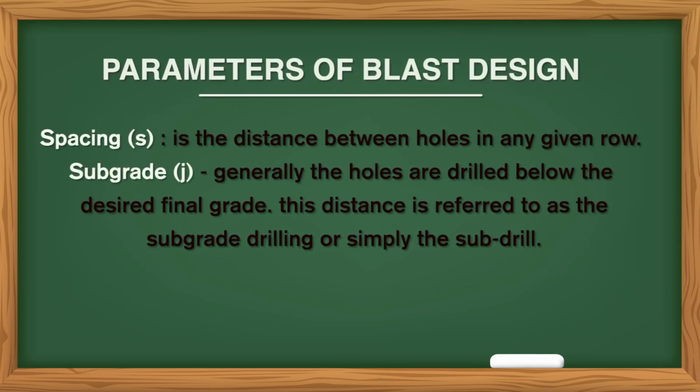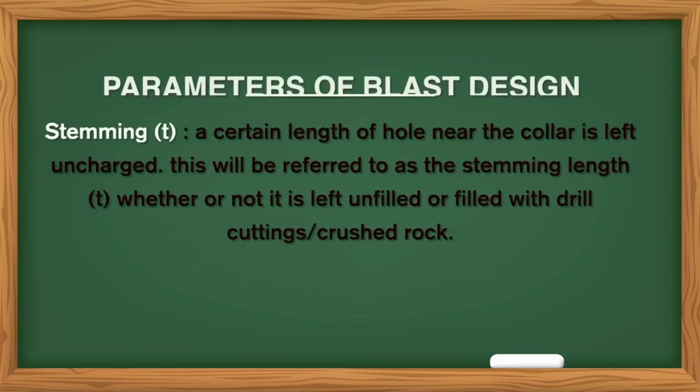Spacing is the distance between holes in any given row. Next, subgrade. Generally, the holes are drilled below the desired final grade. This extra depth is referred to as the subgrade drilling or simply the sub-drill.